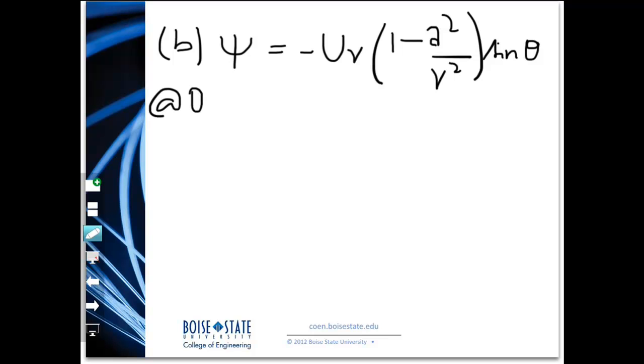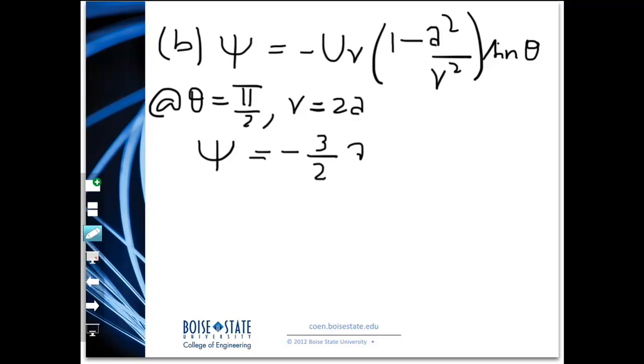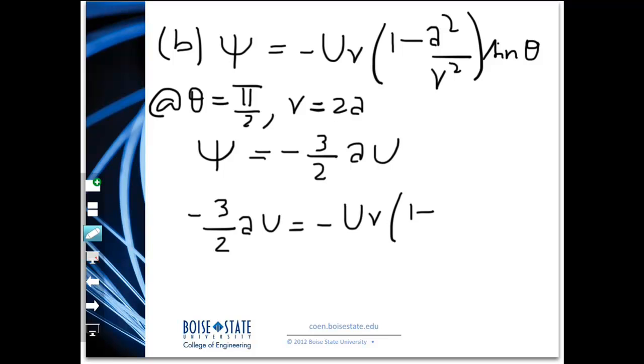So at theta equals pi over 2, r equals 2a, if you substitute and simplify, psi equals negative 3 over 2 a U. And the equation of the streamline passing through this point would then be minus 3 over 2 a U equals minus U r times 1 minus a square over r square times sine theta.